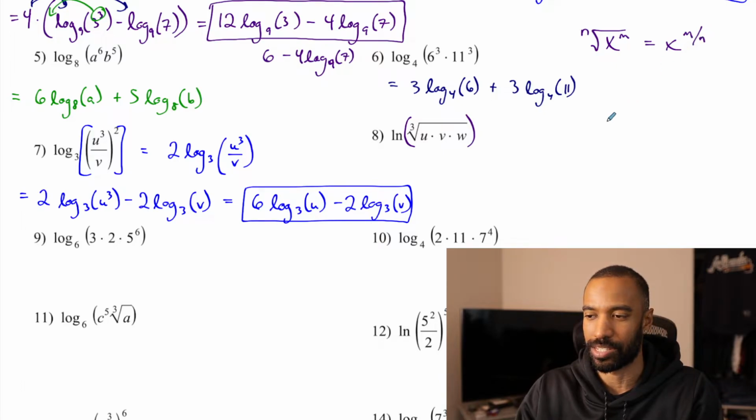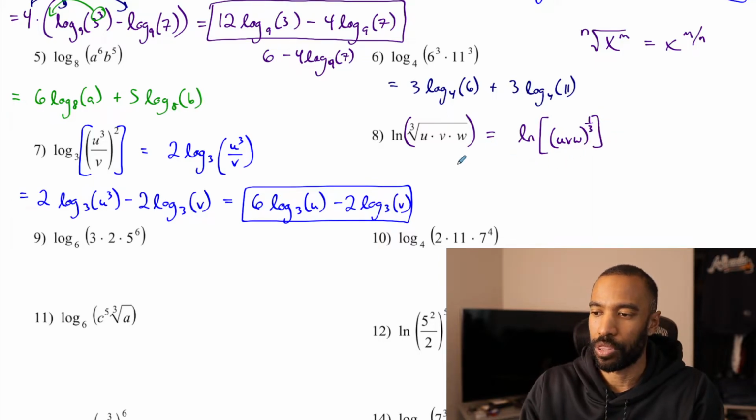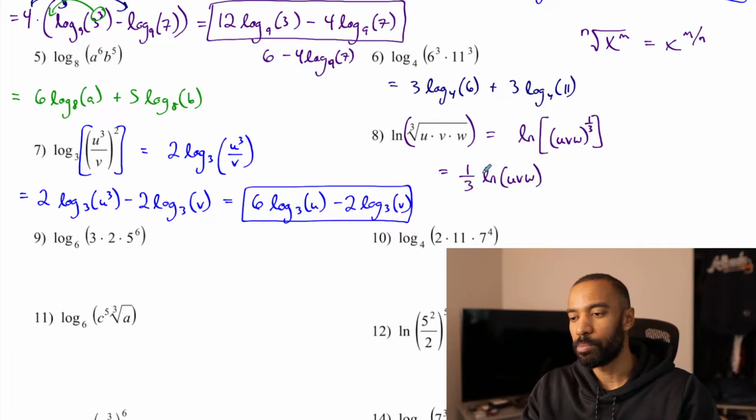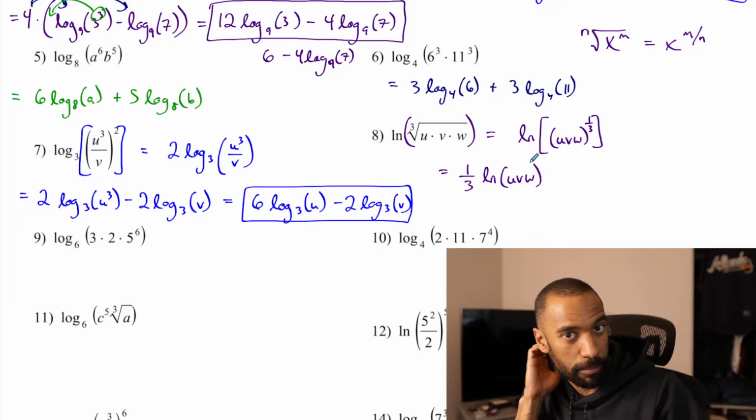That 3 exists as the denominator here. So this becomes the natural log of u times v times w raised to the 1/3 power. It is that 1/3 that is going to come out and multiply in front of the natural log of u, v, w. So multiplying by 1/3 also means dividing by 3.